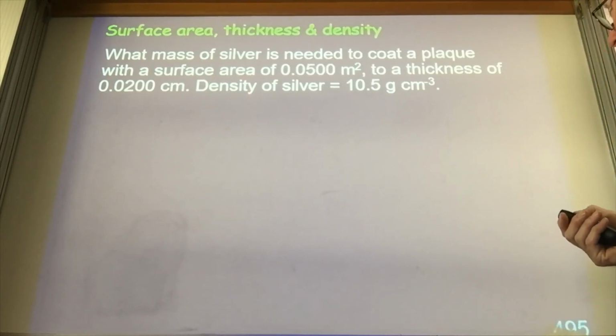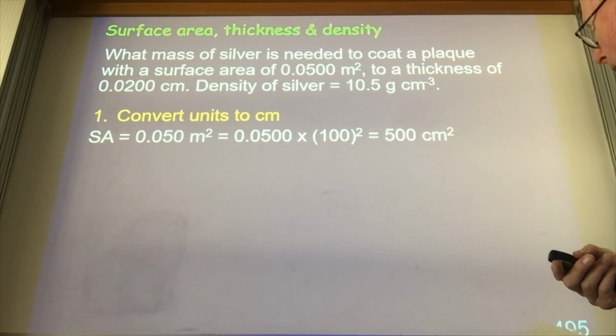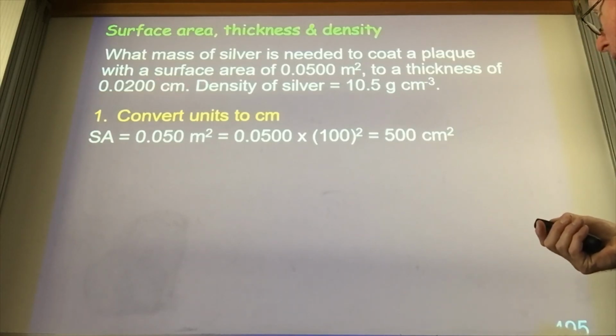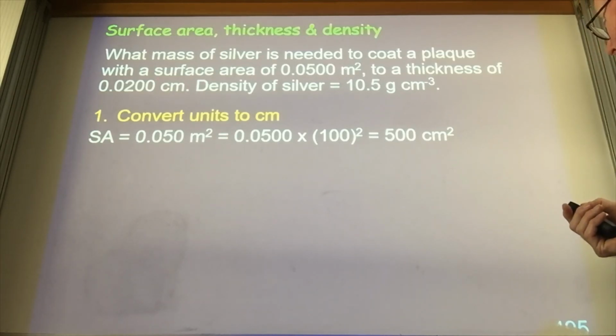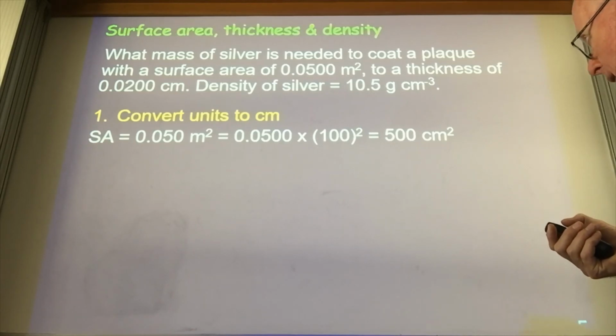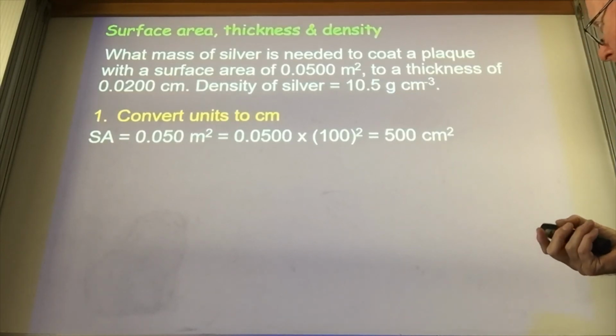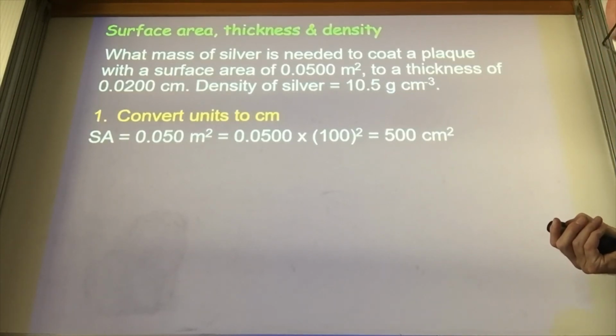So first of all, we need to convert surface area and thickness to volume. Now to do that, we need to have the same unit. So we've got thickness in centimetres, we've got surface area in metres squared. So we need to turn metres squared into centimetres squared. Well, we know to go from metres to centimetres, we times it by 100.